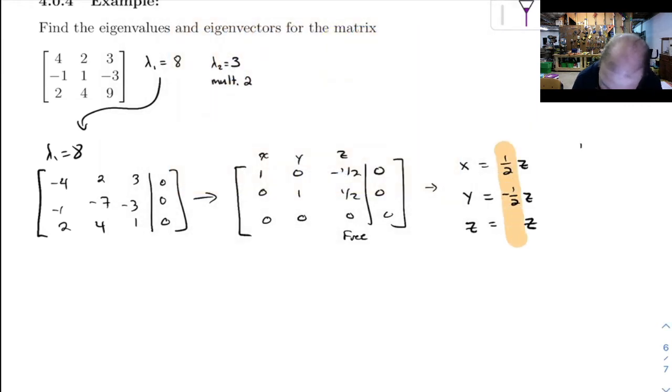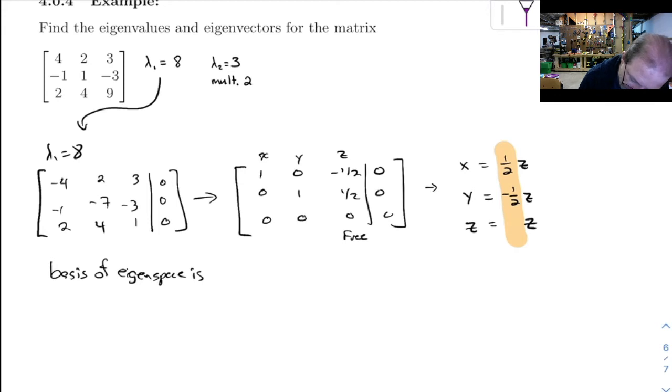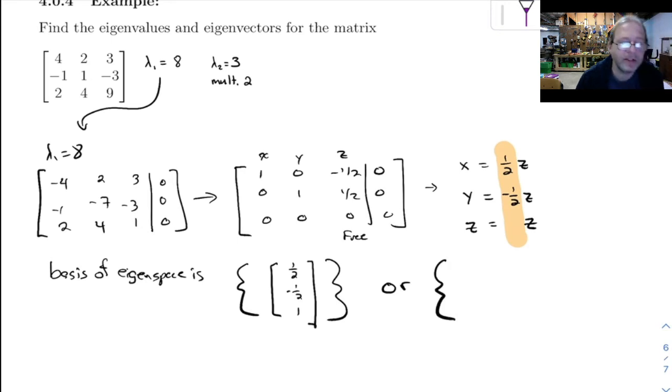So the basis of the eigenspace is 1/2, -1/2, 1, or let's get in the habit of writing these without fractions if possible.